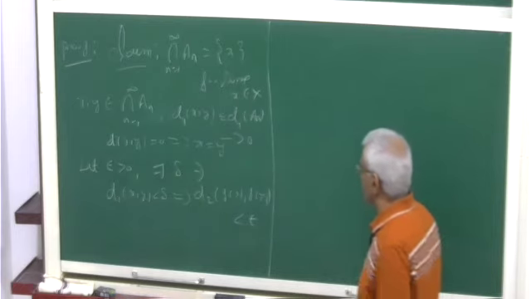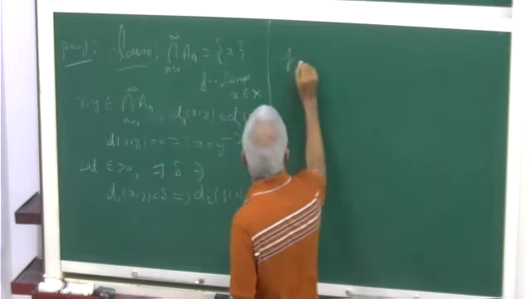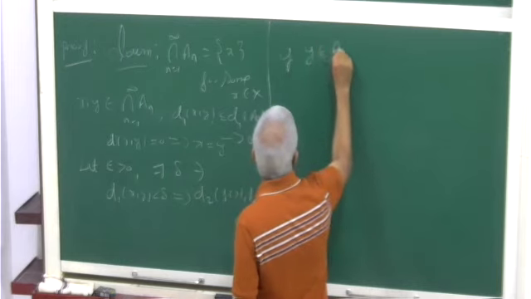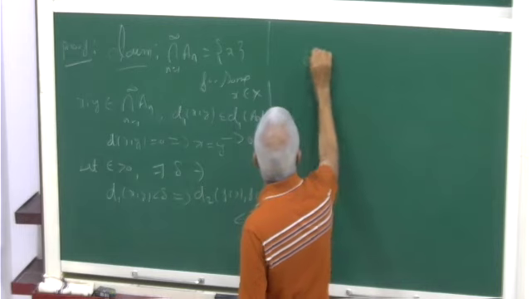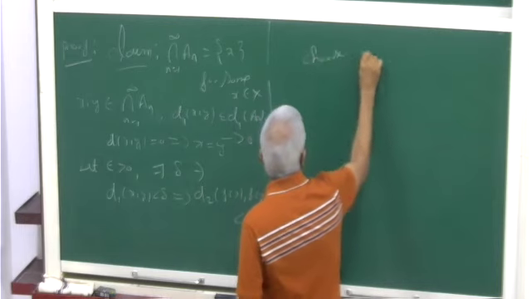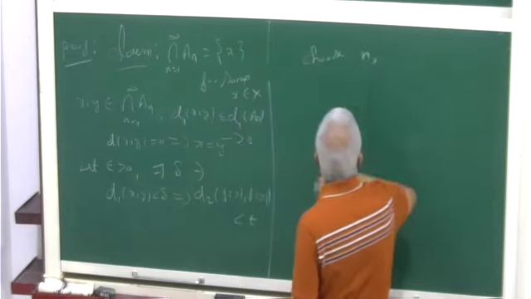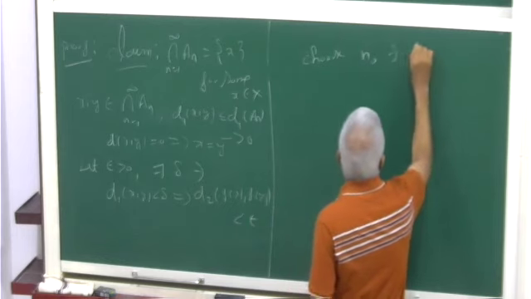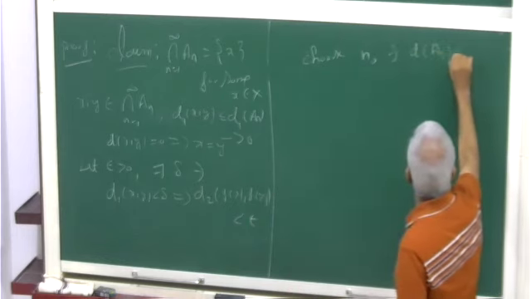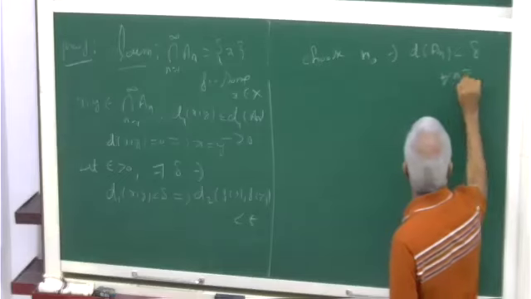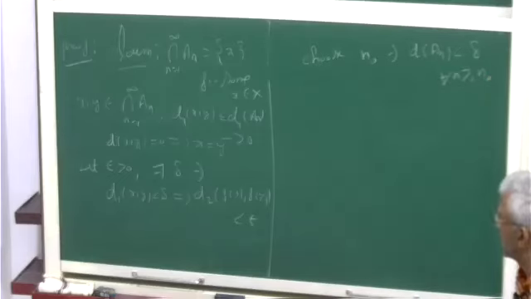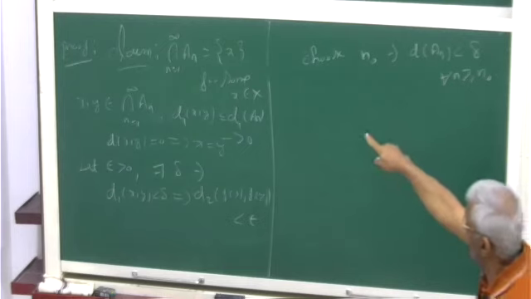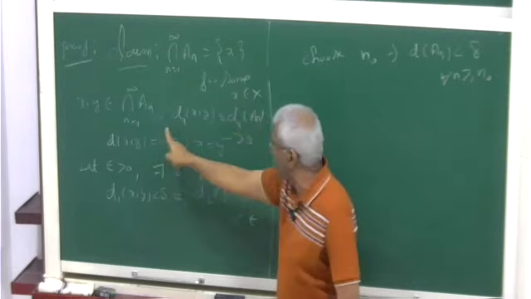Okay. Now, if y is in A_n, choose n_0 such that d(A_n) is less than delta for all n greater than or equal to n_0. What do you mean by that x? How was that x constructed? You have to prove that; that is the claim that the intersection is equal to {x} for some x, and that we have proved.